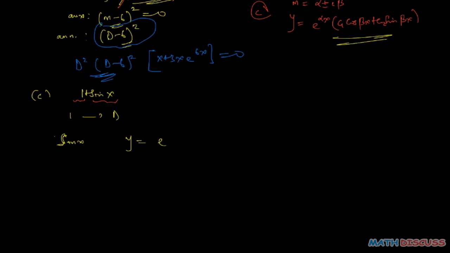Since there's no e here, it's e to the power 0x, and sine 1x is still sine x anyway. I'm just doing that for clarity's sake. So cosine of x plus c2 sine of x. But we know that this e to the power 0x goes to 1, so it doesn't really have any effect here.